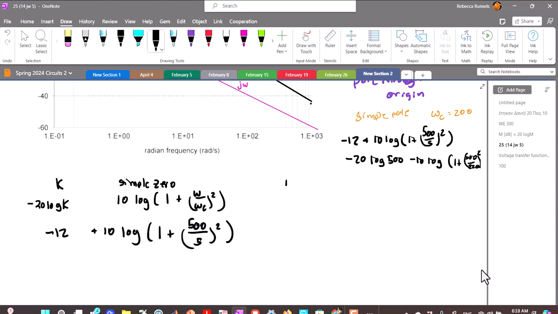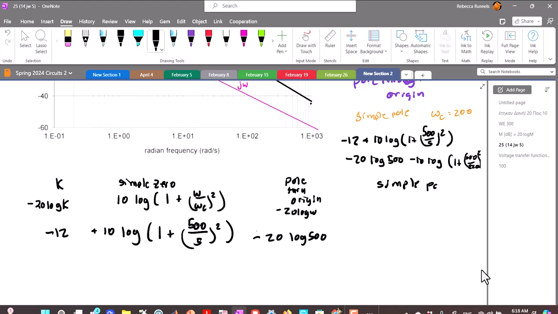Then we had our pole through the origin, and the pole through the origin is just going to be minus 20 log omega, so this will be minus 20 log 500. If we had a zero through the origin, it'd be plus 20 log omega.